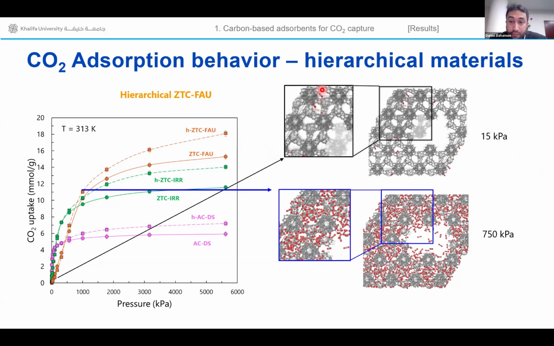And then after you almost saturate all these micropores, the CO2 will start being adsorbed in the larger mesopores we created. So this is confirming what I was mentioning before.